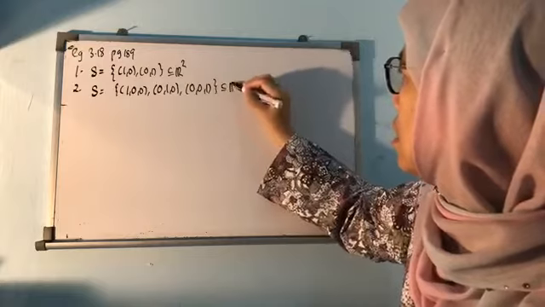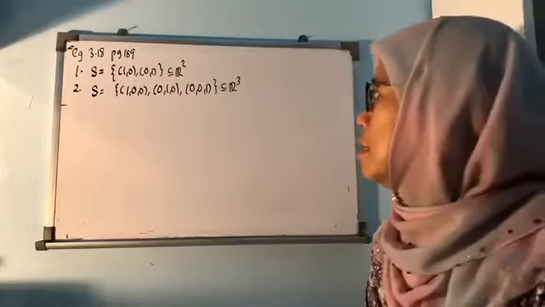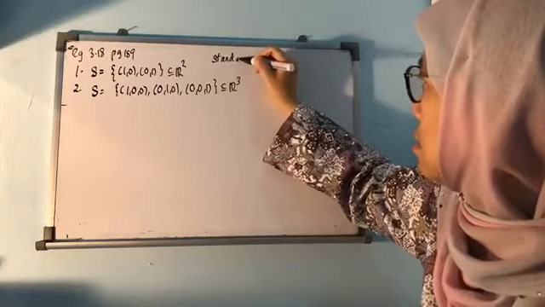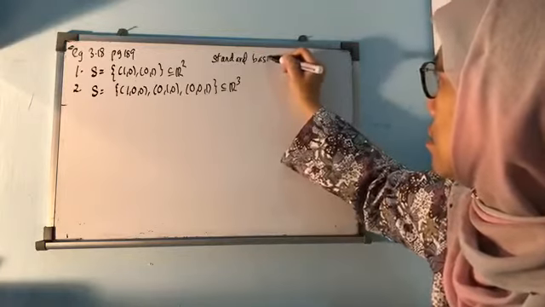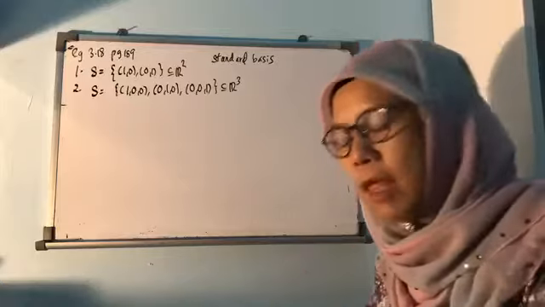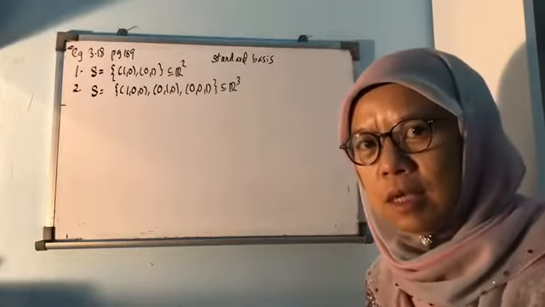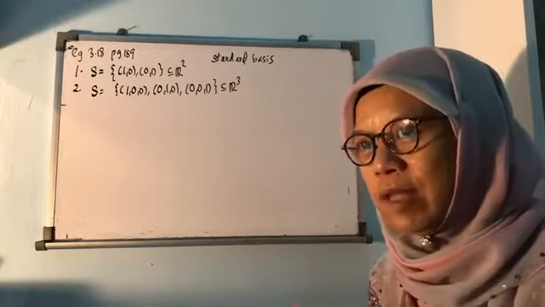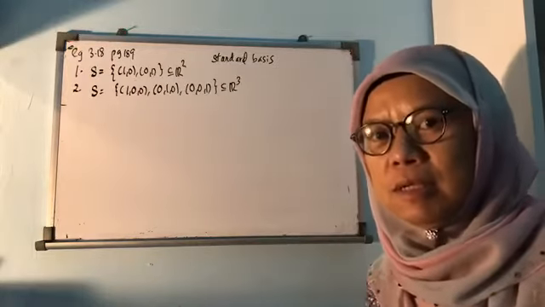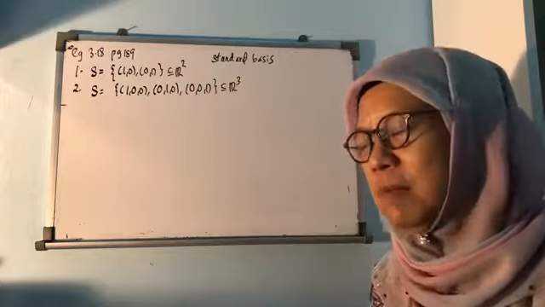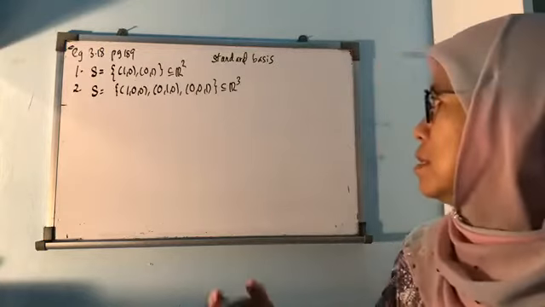This is in R3. We call this the standard basis. You remember in the definition I said a basis, I didn't say the basis, because one vector space can have many bases. So bases are not unique. You can have many bases. So this is just one basis.